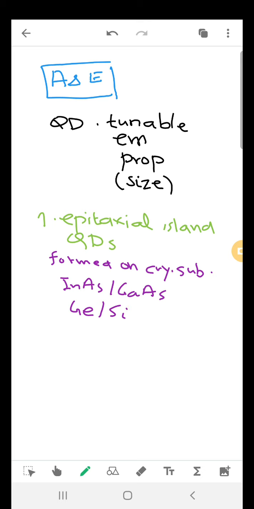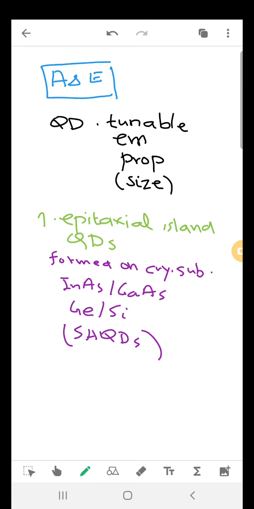These are dubbed self-assembled quantum dots.